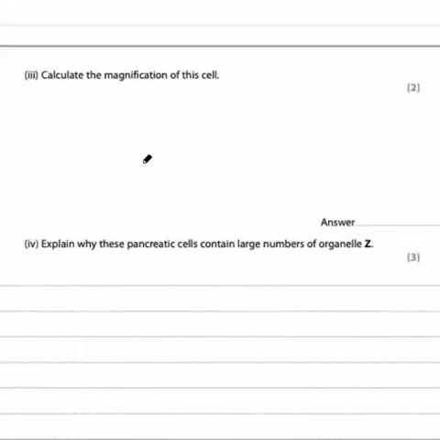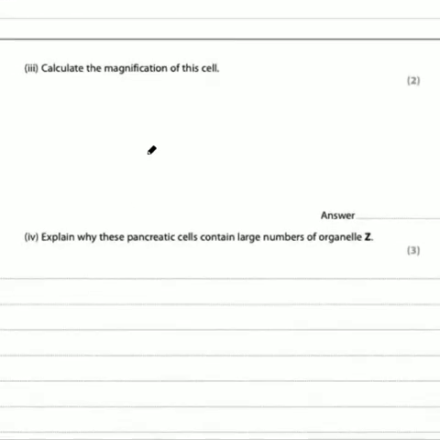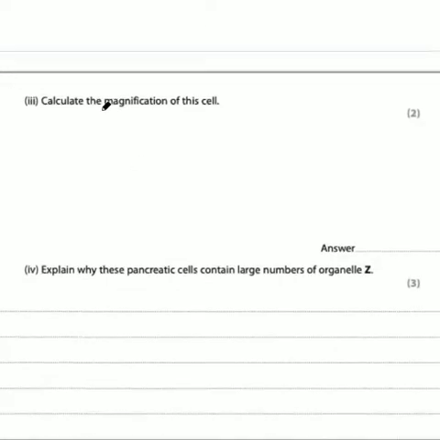Okay, calculate the magnification of the cell. Okay, so when it comes to magnification, there's a little thing I like to remember, and it's this triangle. And I always try to remember I am.